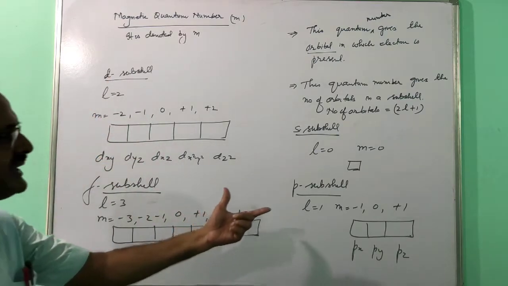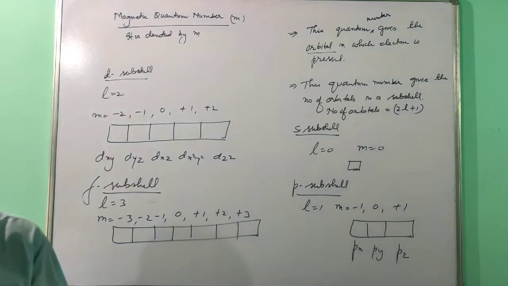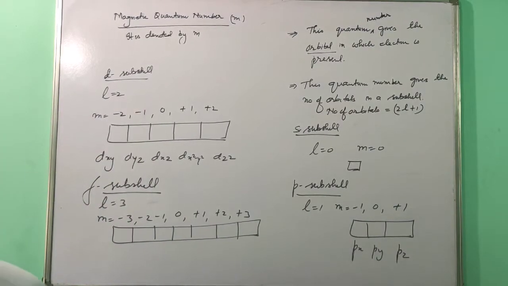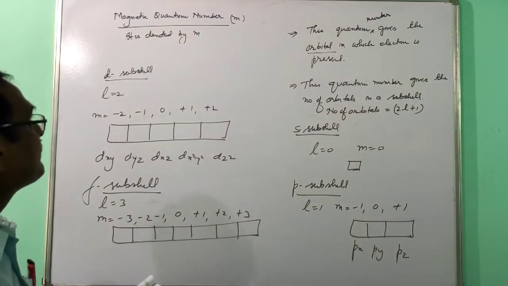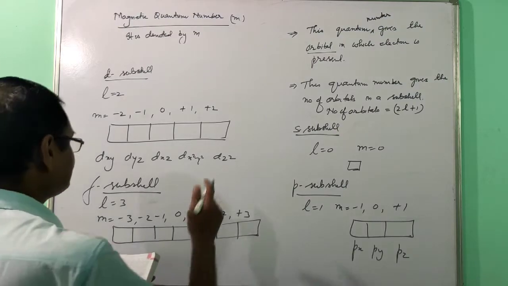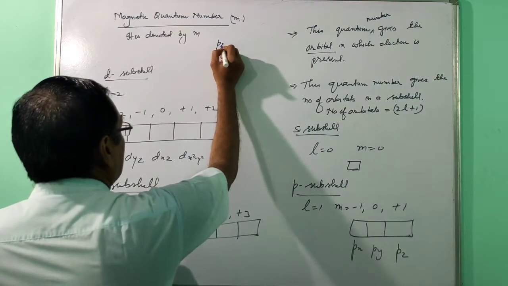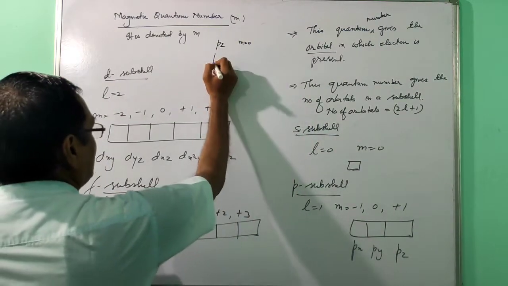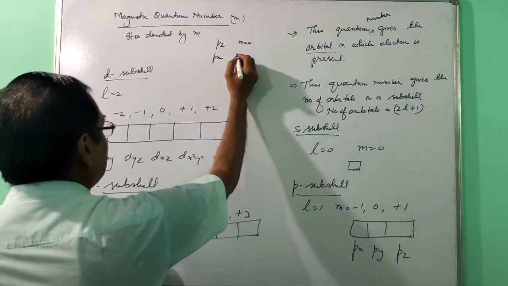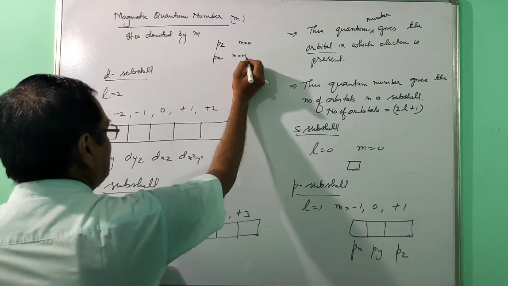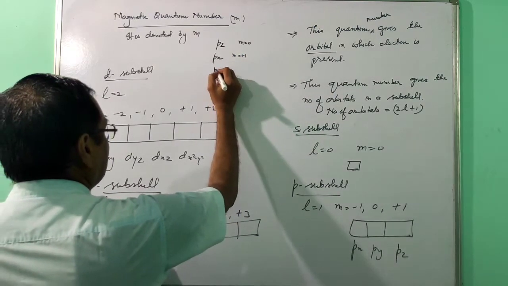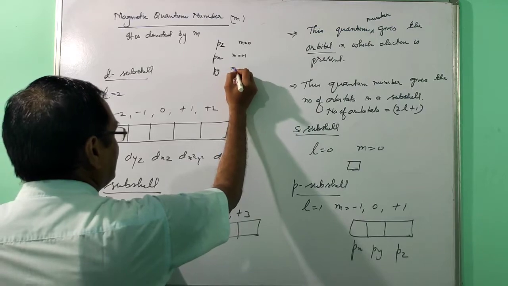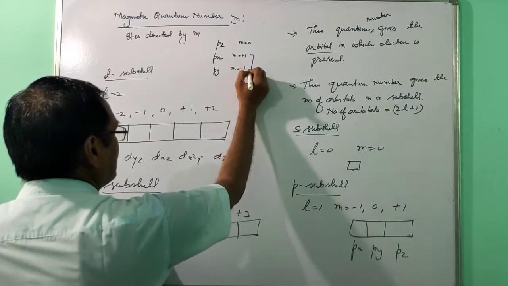As I have written, you can write the same way, but certain rules are there. For Pz, m is equal to 0, and for Px, m is equal to plus 1, and for Py, m is equal to minus 1.